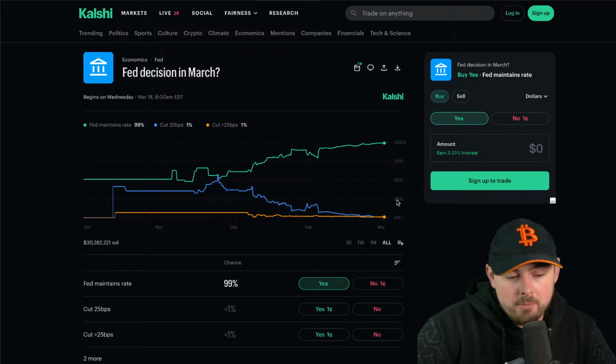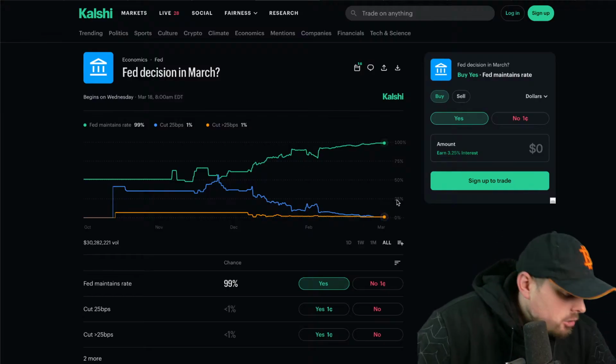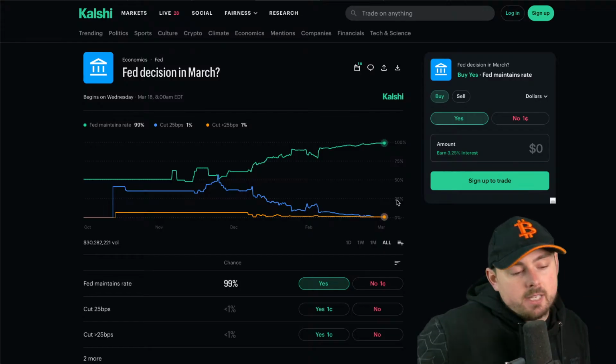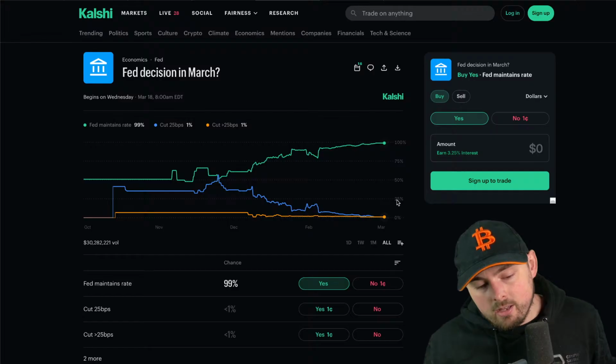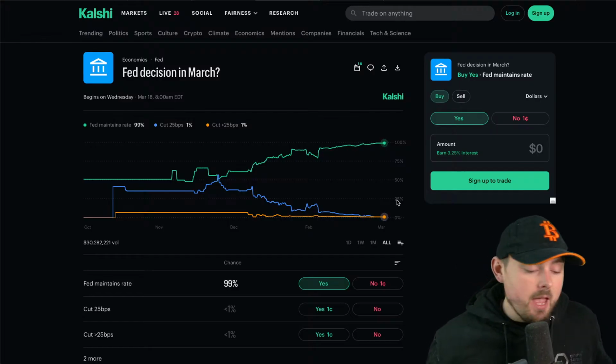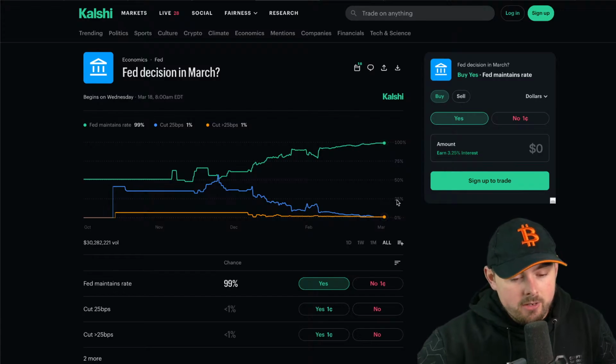I think it's just going to be a complete nothing burger. It's 99% odds on that the Fed maintains rates. So the actual decision itself, when it's announced, shouldn't really cause much of a stir. We'll see maybe if he says anything in the press conference, but Powell doesn't really give much away, does he? So personally, I think the press conference is probably going to be a nothing burger.